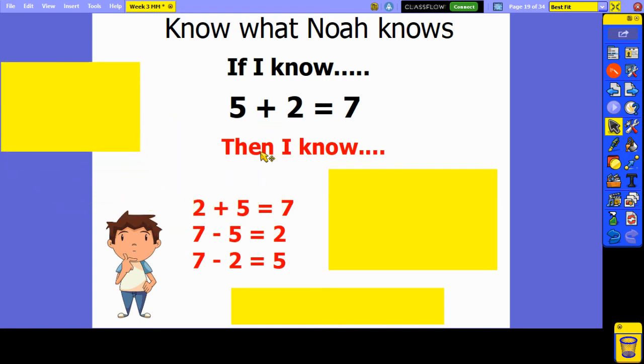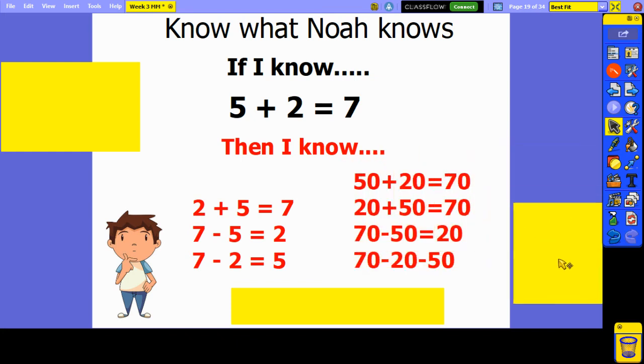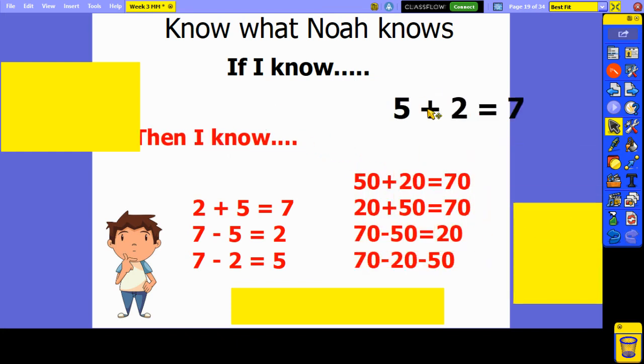Okay, definitely should have these ones. If I know 5 plus 2 equals 7, then I know 2 plus 5 equals 7. I know 7 subtract 5 equals 2. And I know 7 subtract 2 equals 5. We know those from year 1. But now you're in year 2, we also know multiples of 10. Look at these.